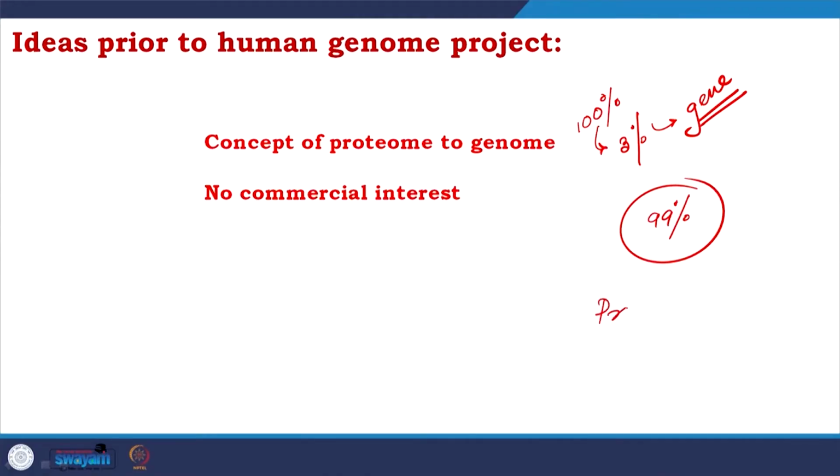So we are like playing a game of waiting to see who is doing it faster, and more importantly, the price is pretty high. So this was the condition before the attempt of the Human Genome Project was taken.